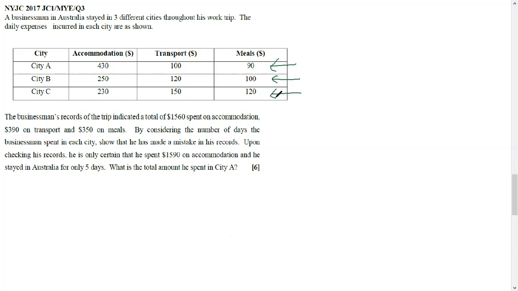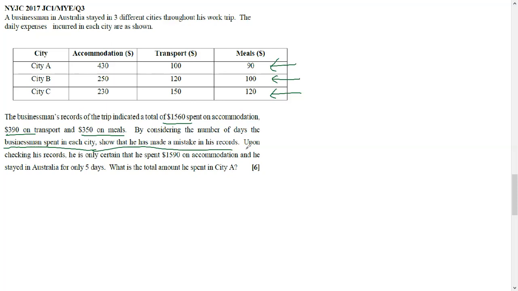In horizontal form. Okay, so the businessman's record of the trip indicated a total of $1560 spent on accommodation, $390 on transport, and $350 on meals. By considering the number of days the businessman spent in each city, show that he has made a mistake in the records. So the clue has already been given to you.